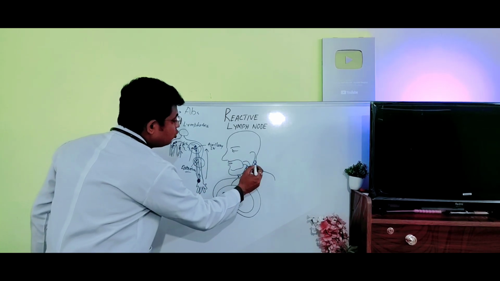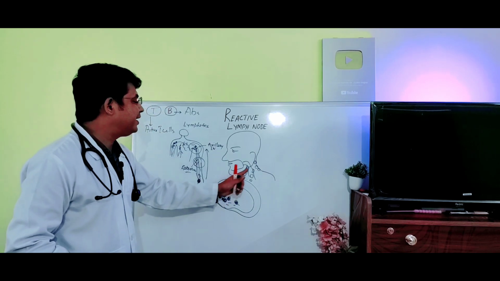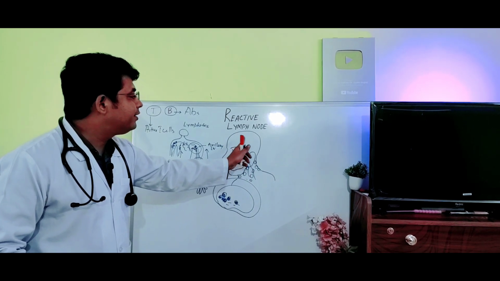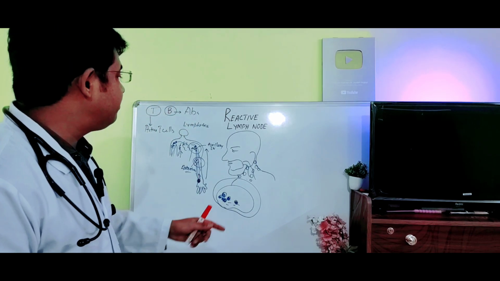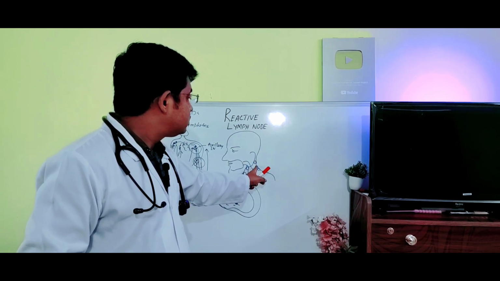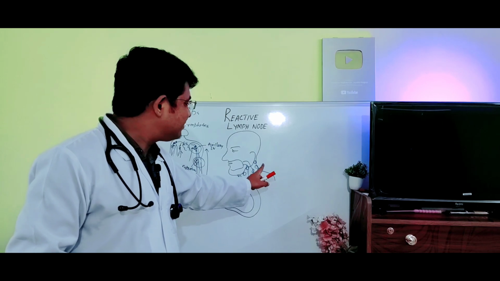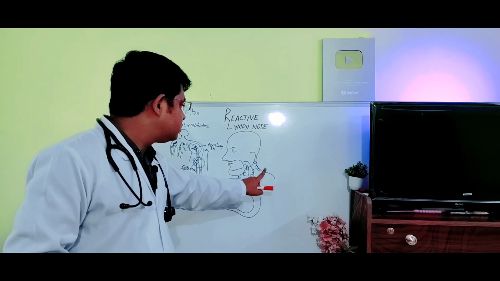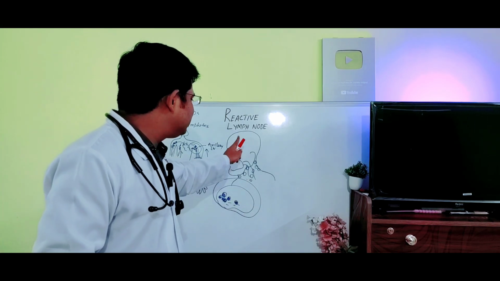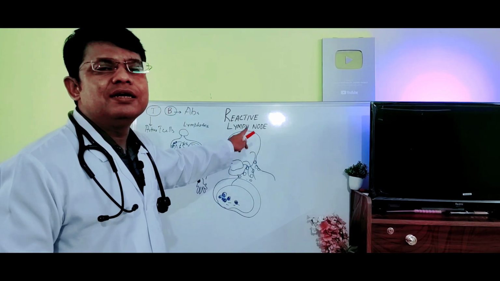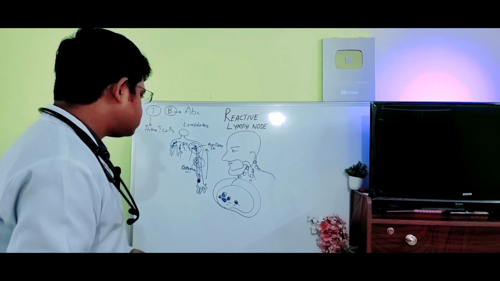Sometimes the posterior group of lymph nodes in the neck are enlarged due to dandruff or any infection in the scalp. So dandruff can be a cause of cervical lymphadenopathy, where the posterior group of lymph nodes are mainly involved. And it can also be enlarged due to any infection in the skin in the head and neck region.